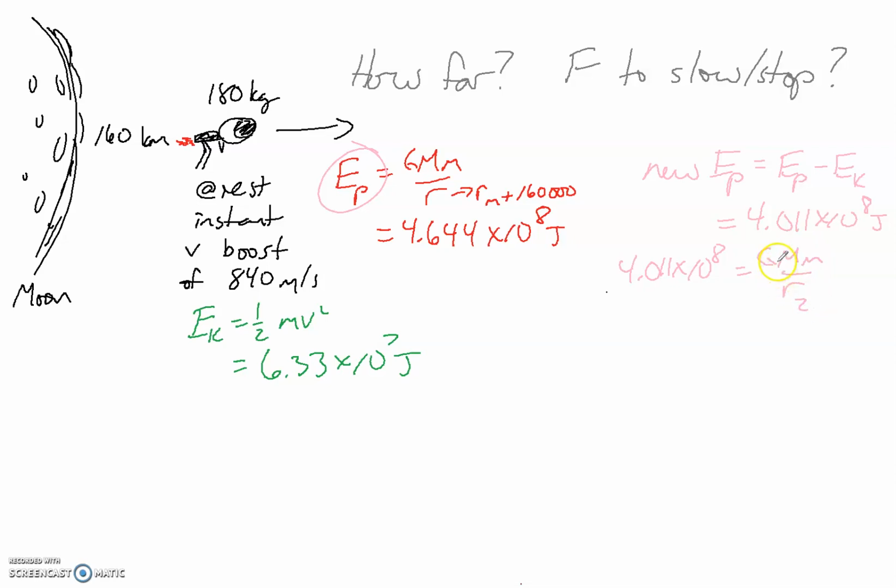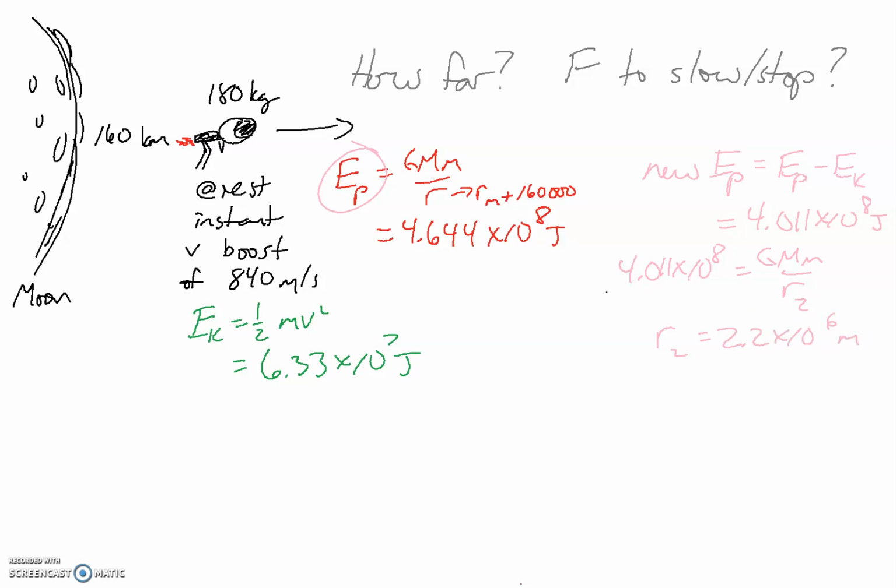All right, I've got my G, I've got my M, I've got my m, I've got my new potential energy. I can solve for my second radius. So my second radius will then be his radius at his new location way over there. So my new radius is about 2.2 times 10 to the 6 meters.